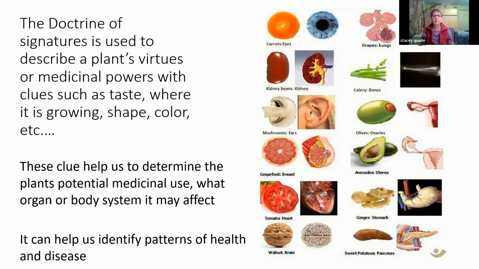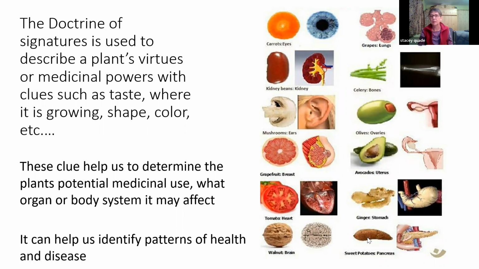So these clues help us determine the potential medicinal use, what organ system or body system it might affect, and the different patterns of health and disease or imbalance that we can help to alleviate. So here are some examples, and you can see some very clear examples about how different foods can help us with different parts of our bodies.